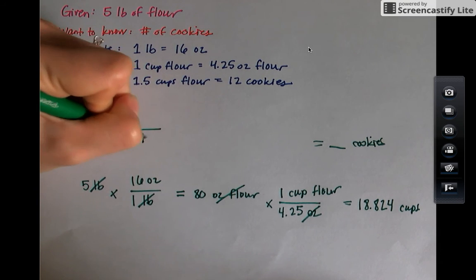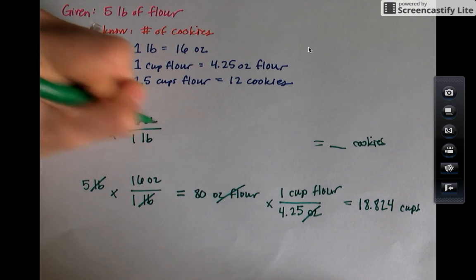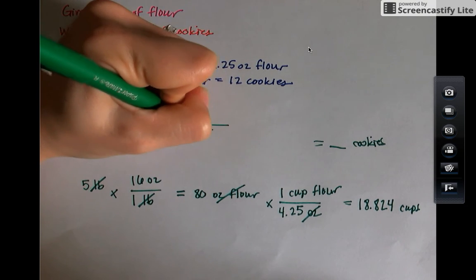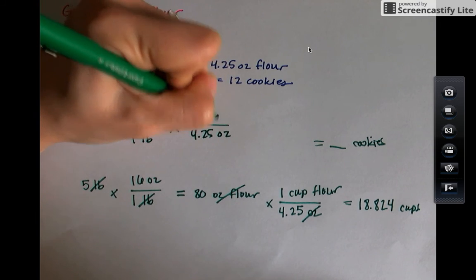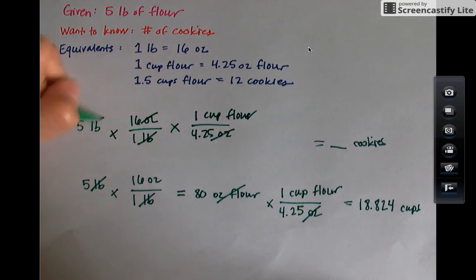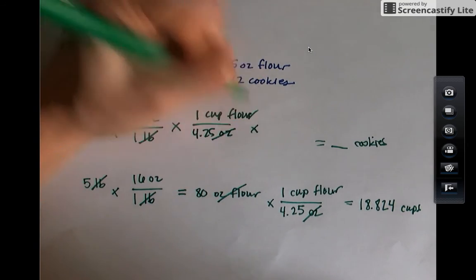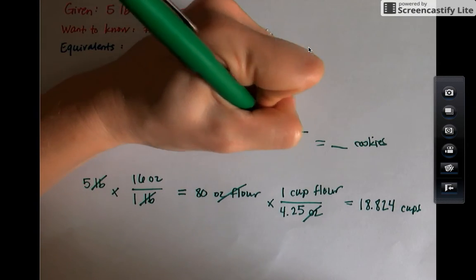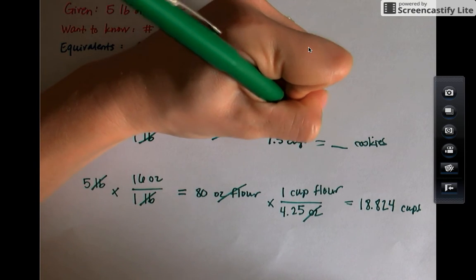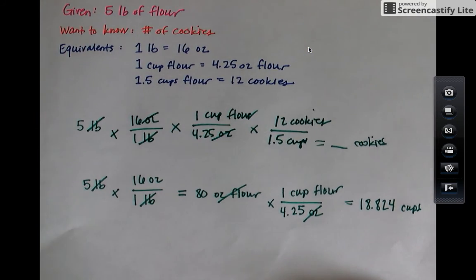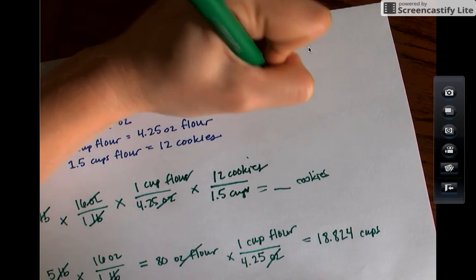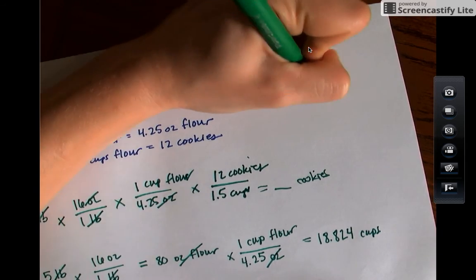All right, so 1 pound is 16 ounces, and 4.25 ounces is 1 cup of flour, and I could cancel units as I go. And I know that 1.5 cups gives me 12 cookies. And so I can put in my calculator 5 times 16 times 12.